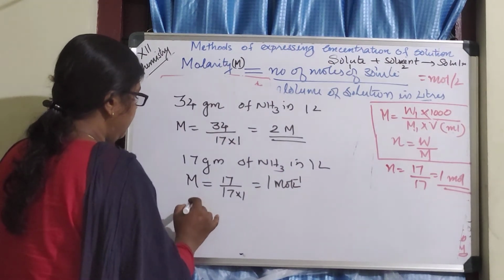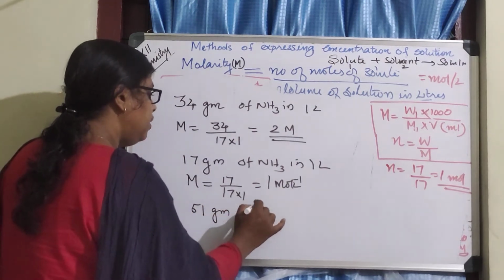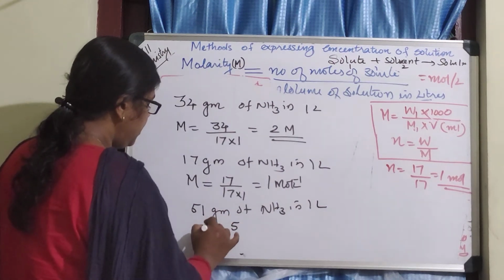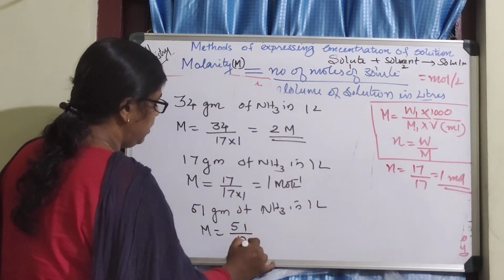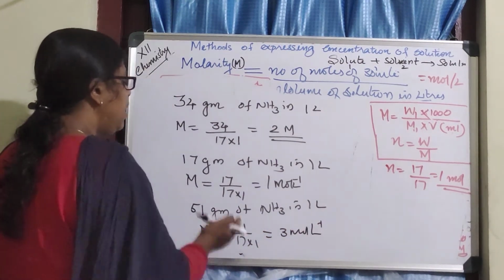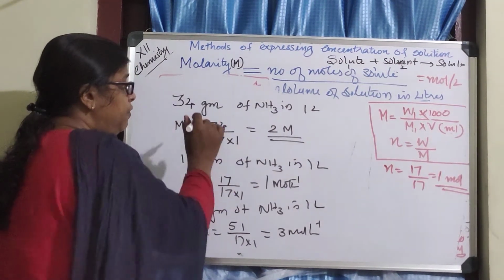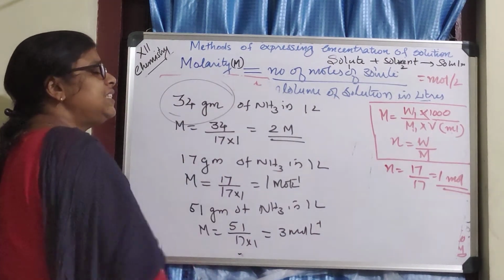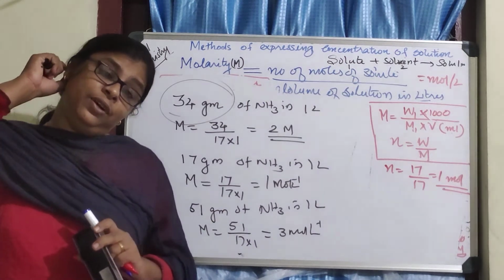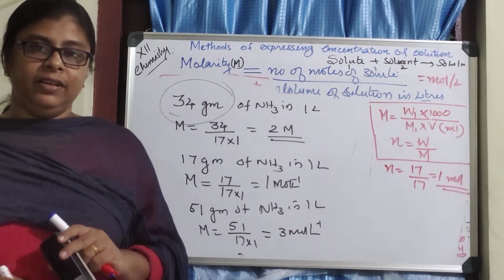Then, if you are taking 51 gram of NH3 in 1 liter, therefore, molarity is equal to 51 by 17 into 1. That is equal to 3 mole per liter. See, there is an increase in the concentration when we increase the amount of the solute. So, we can say that the concentration of the solution depends on the amount of the solute dissolved in the solution. Clear?